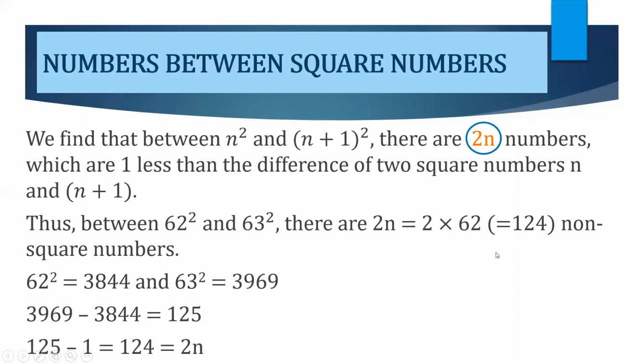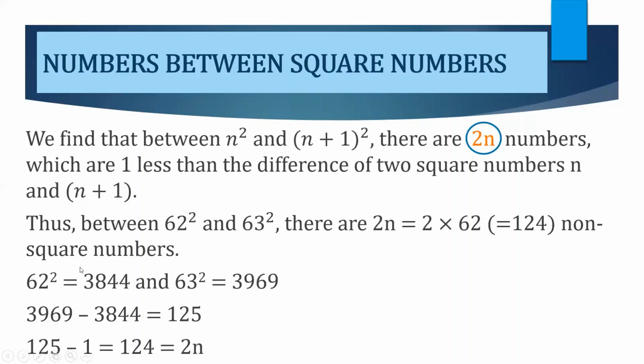So students, wherever you are asked to find the number of non-square numbers, what you'll do is take the smaller number as n and simply multiply that number with 2, and that will give you the number of non-square numbers.